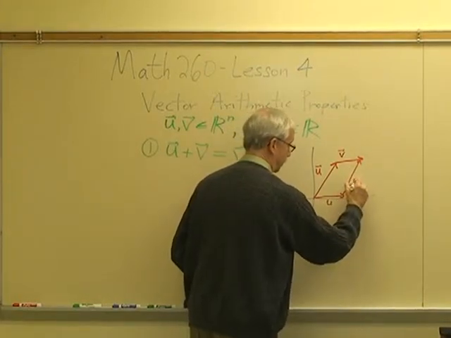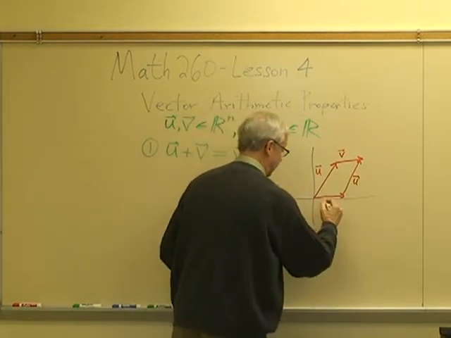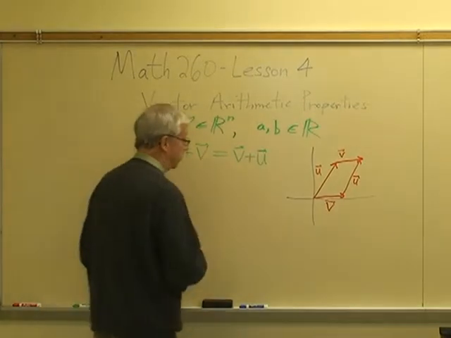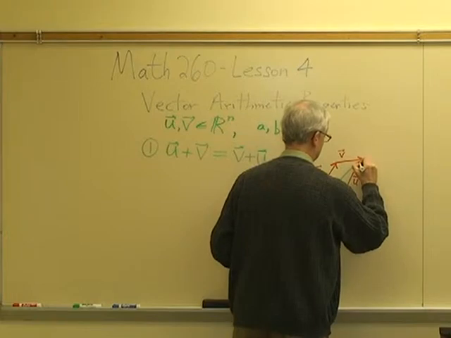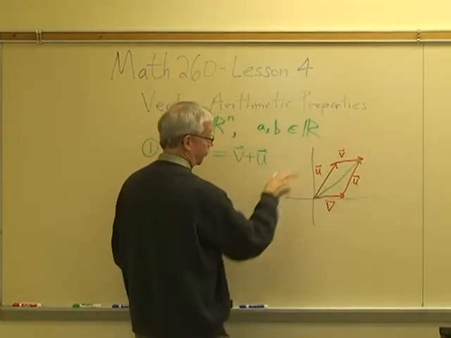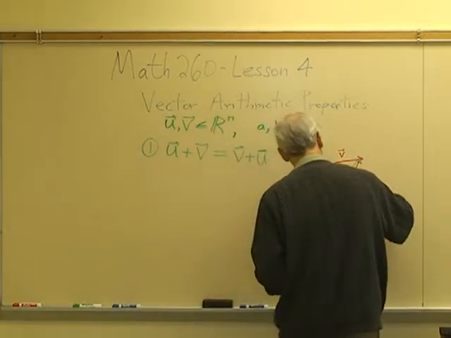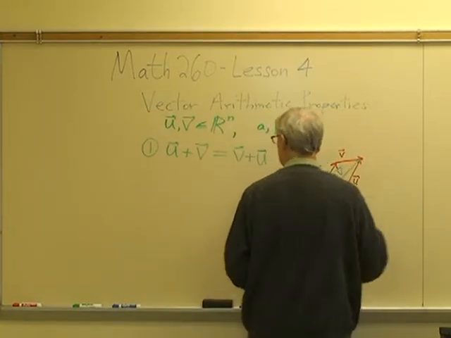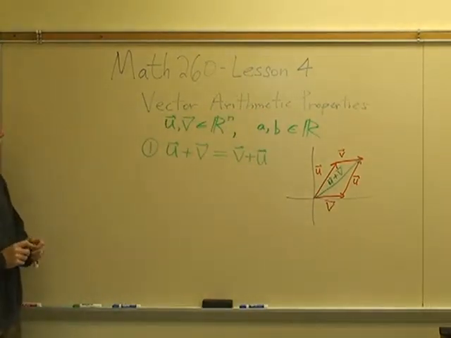Let's see, that's u and that's v. So either way, the sum is the diagonal of that parallelogram. Going this way is u plus v, going this way is v plus u. The answer, u plus v, is the same no matter which way I go. And that's the idea.